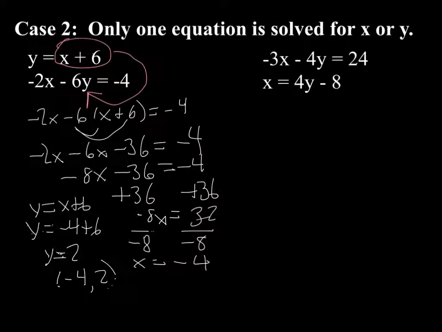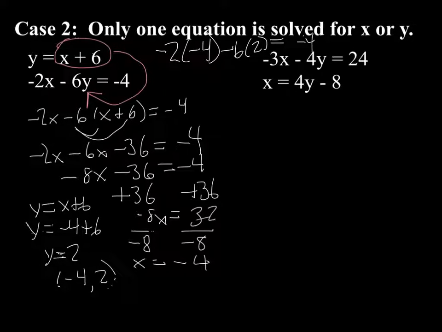And I can double check that by plugging those both into the second original equation here, which is going to give me -2 times the x value of -4 minus 6 times the y value of 2, and that should be equal to -4 if I've done this correctly.